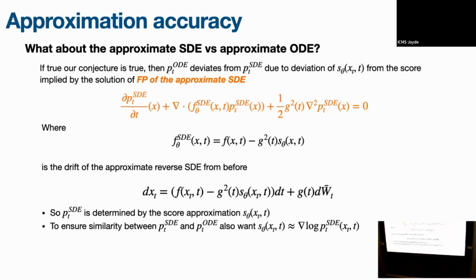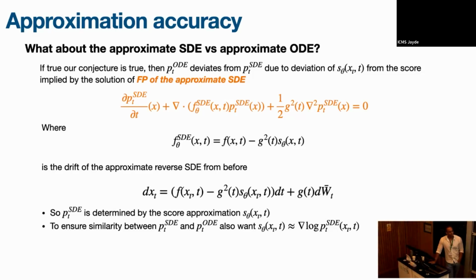Anyone see why it's different? So yeah, the slightly strange thing about this Fokker-Planck equation is you have negative diffusion here.